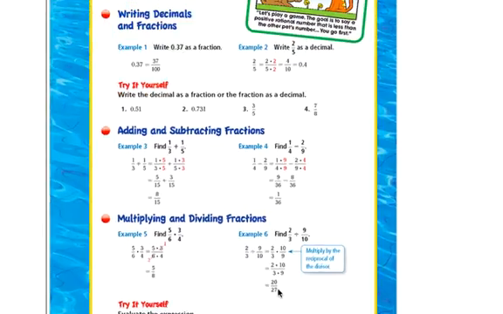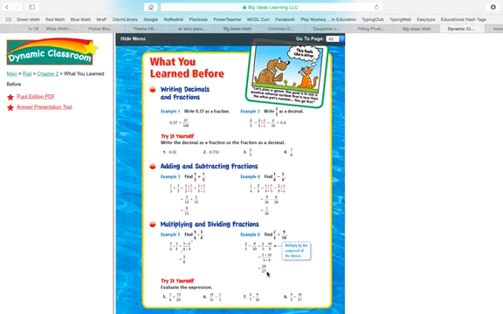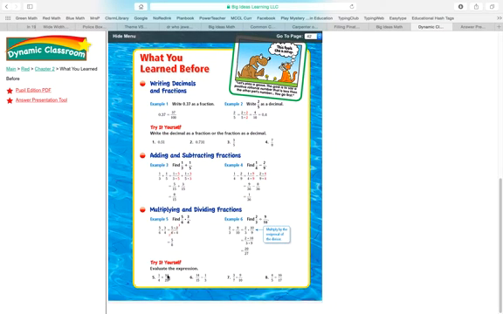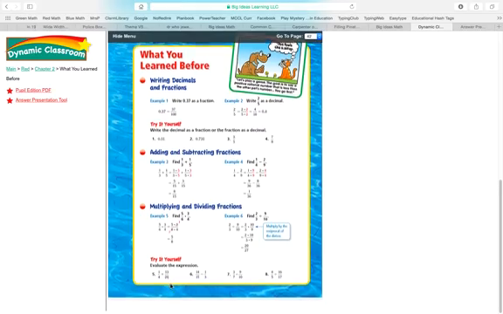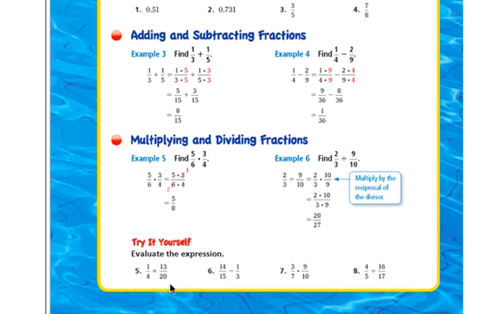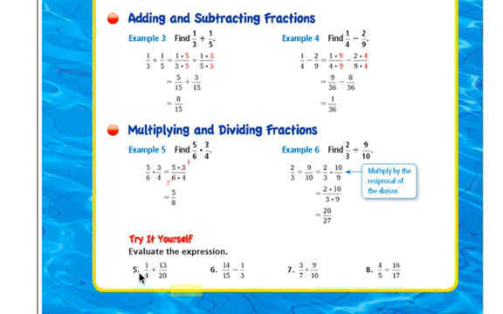Whoops. Let's get back to the regular size here. Okay. Now, you're going to try number 5, 6, 7, and 8 on your own. And I'm going to give you another hint.